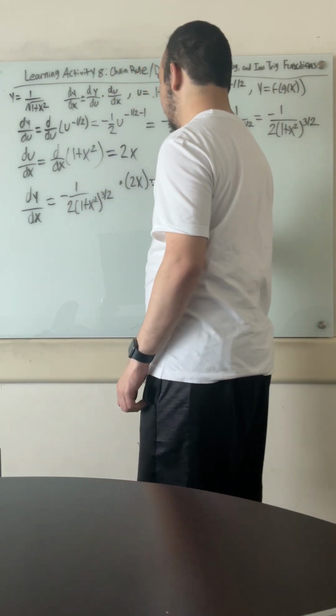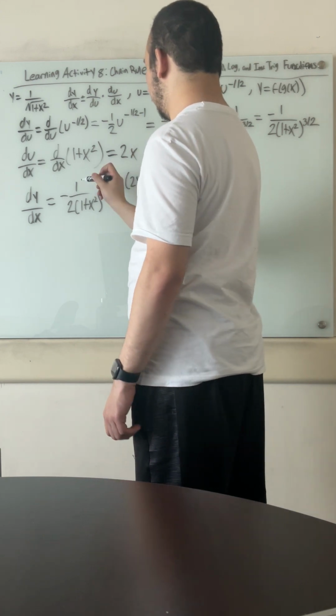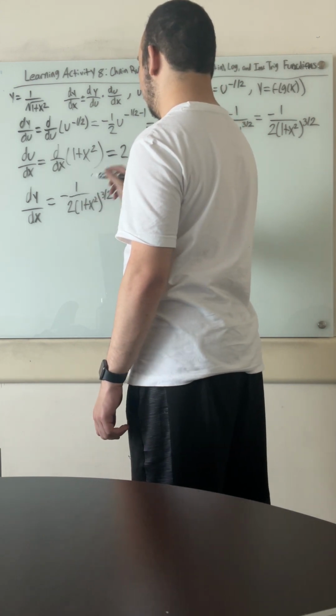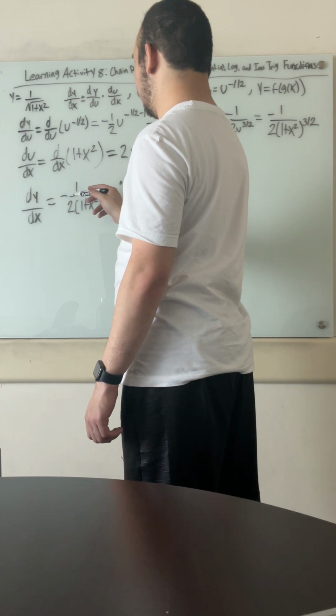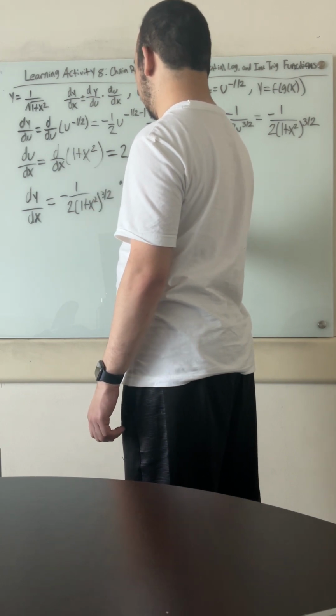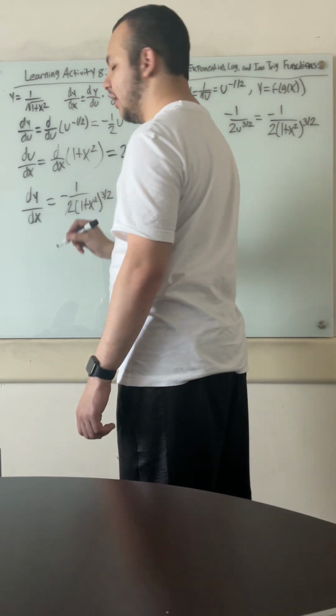This can be simplified. If we multiply 2x times negative 1, that's negative 2x. Notice that the 2's cancel out.